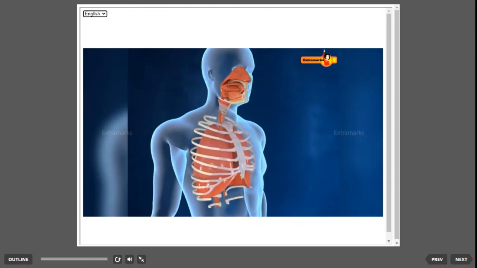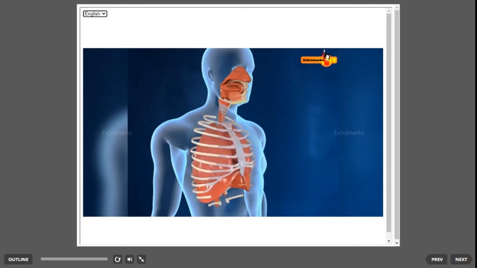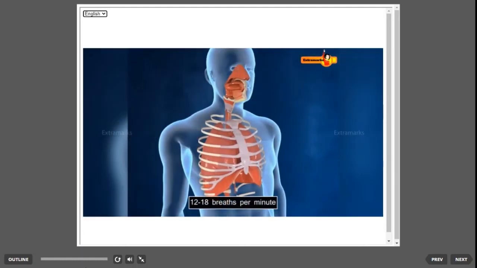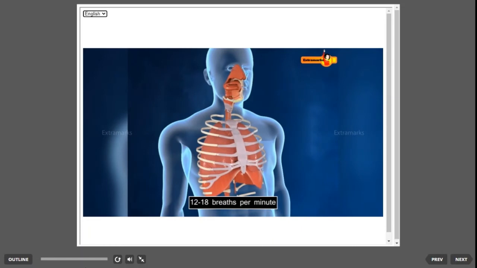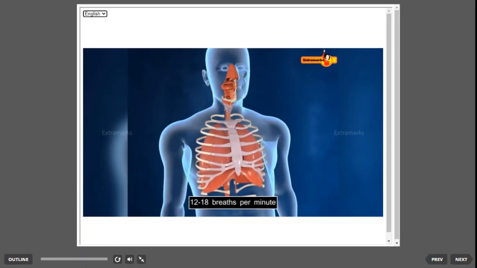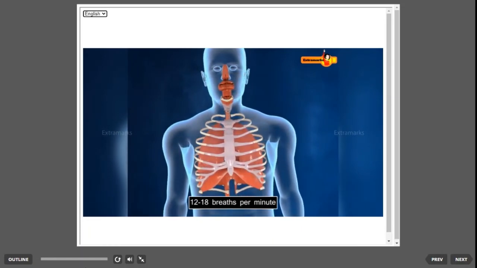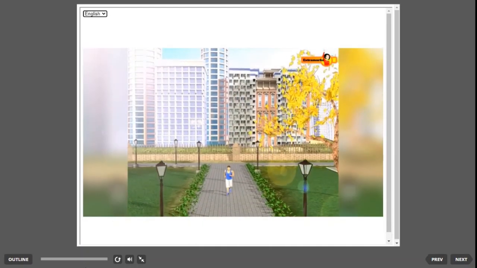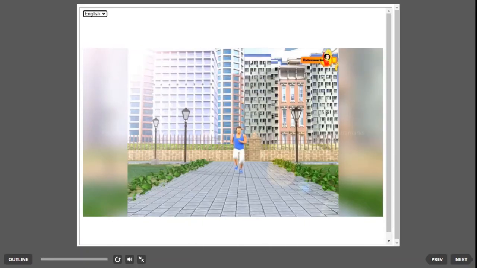Inhalation and exhalation together constitute one breath and follow each other without break. Normally, it can be repeated 12 to 18 times per minute. In fact, the breath is life, and if you breathe well, you will stay healthy.